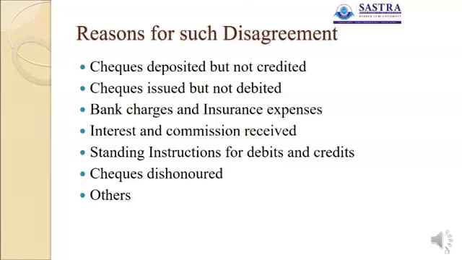Reasons for such disagreement. We said earlier that there are so many reasons for the differences. What are the reasons? First, checks deposited but not credited. See, you received a check for 1,000 rupees and deposited it with the bank, but it is not yet credited. So what will happen?